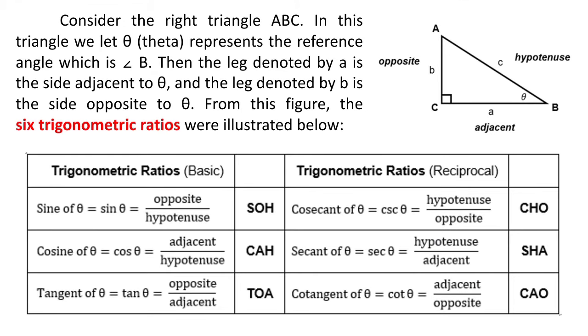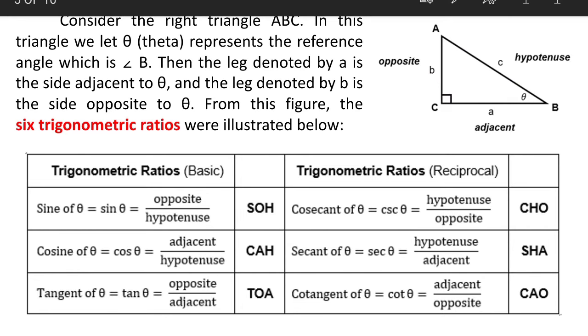So to further understand the topic illustrating the 6 trigonometric ratios, let's consider the right triangle ABC. In this triangle, we let theta represent the reference angle, and that reference angle is angle B. So here is your theta.